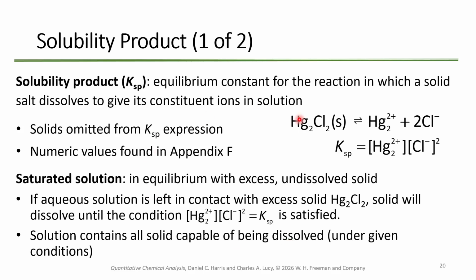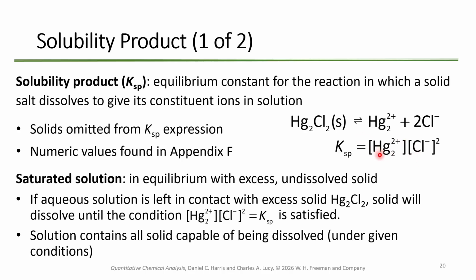And so they're going to be that equilibrium constant for the reaction in which the solid dissolves to give its constituent ions in solution. Okay? It has to be something that can break up, though, for it to be a KSP. So notice that that's a dissolution constant, okay? The process of dissolving.